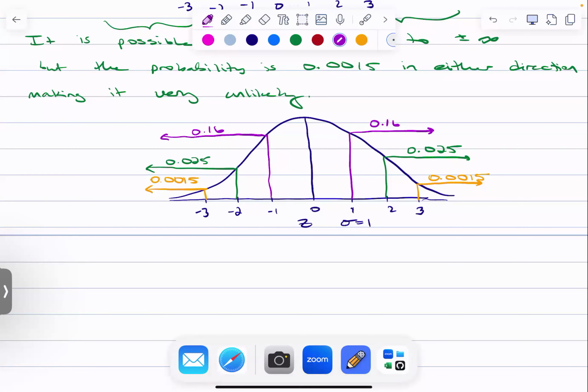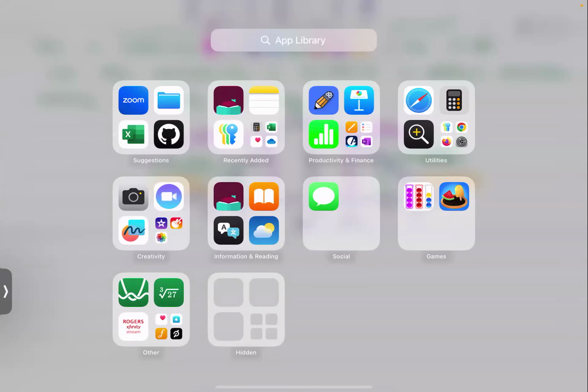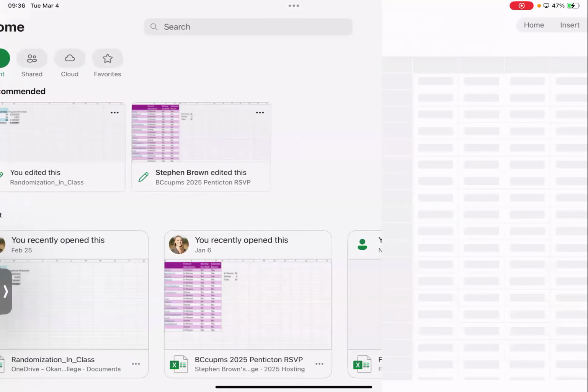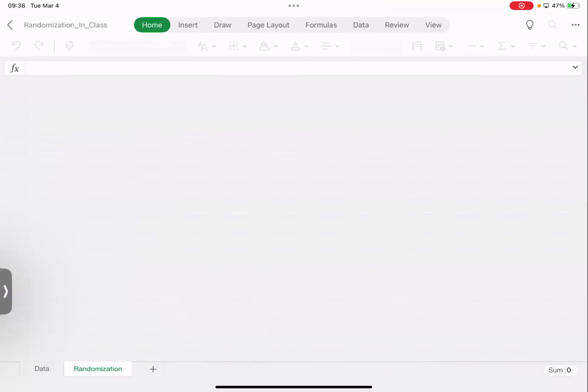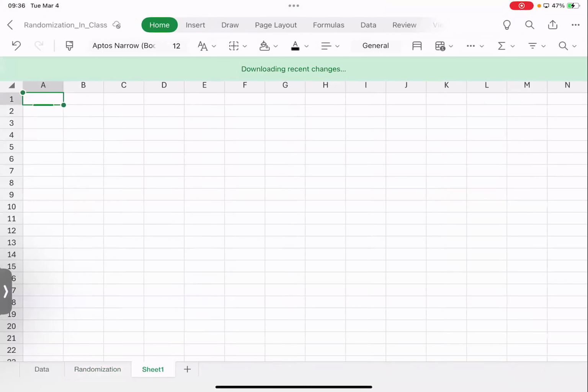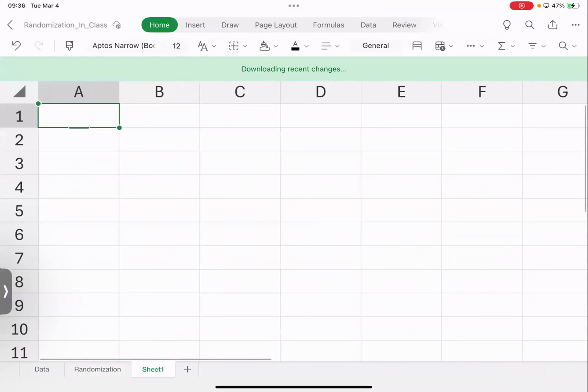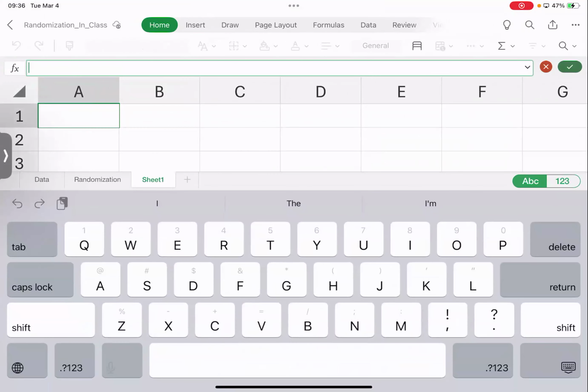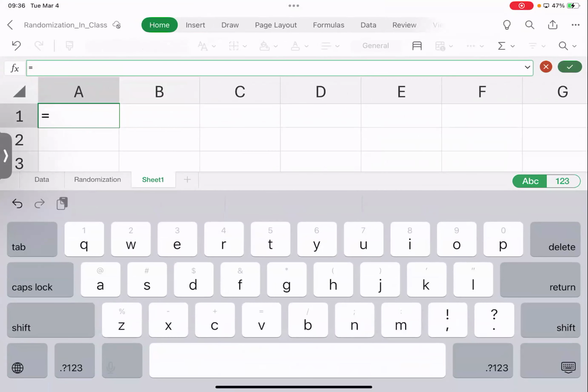Trying to decide, where's my Excel here? I just want a new one. Or an old one, I guess. I'll just start a new tab. If I tell Excel, where's my equal sign?